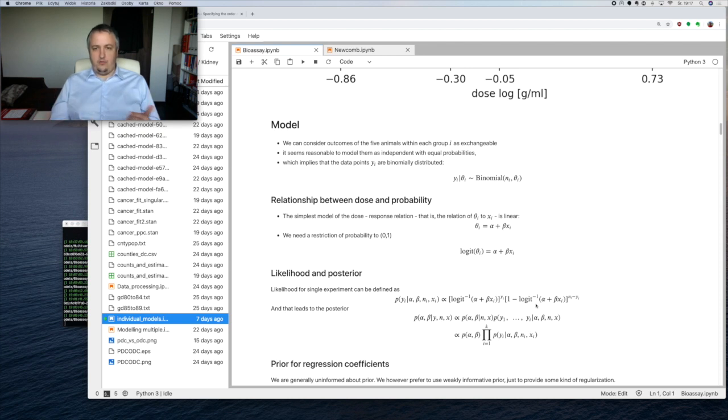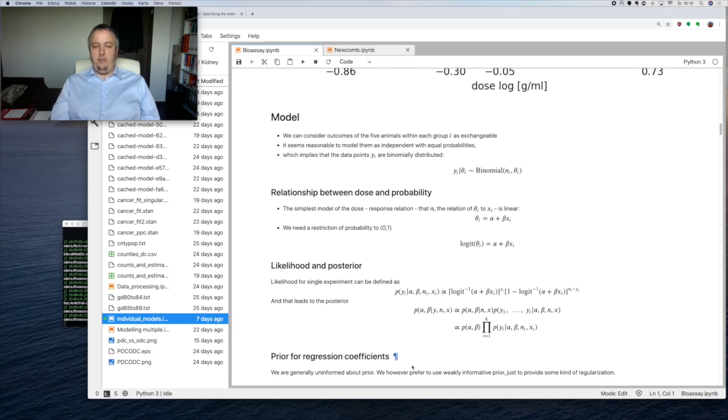The relationship of theta depends on the dosage, but the coefficients of these relationships do not depend on xi. And because of this exchangeability, our model is the prior for parameters alpha and beta multiplied by our binomial likelihoods for each of the experiments.